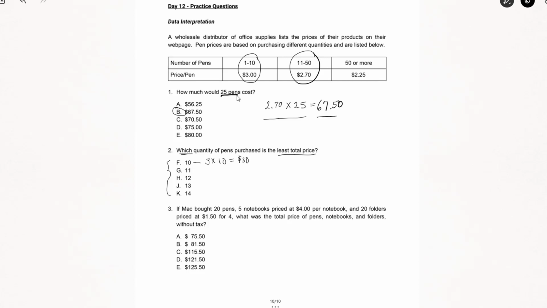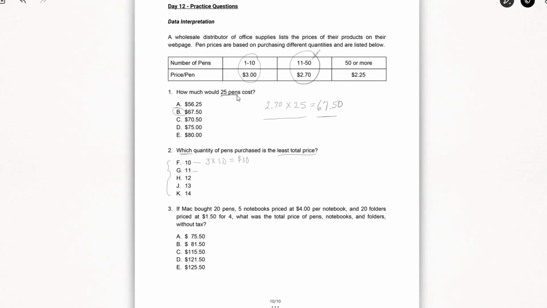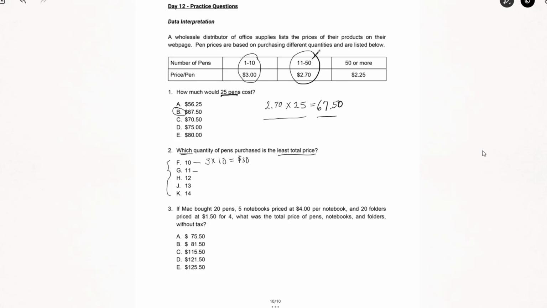We're looking for least total price. Now what about for 11 pens? When we buy 11 pens, we're looking at the second column. We're looking at the price of $2.70 for 11 pens. When we put that in our calculator, we get a grand total of $29.70, which is less than, surprisingly, when you buy 10.